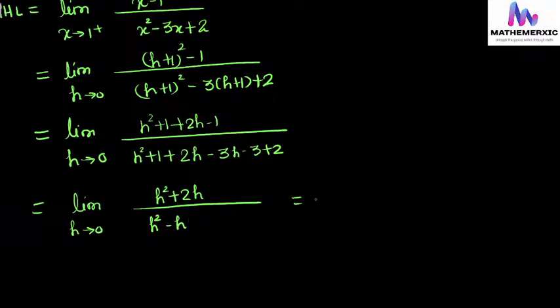and this will lead to obviously limit h tends to 0. H can be cancelled out because h is tending to 0. It's a very small quantity which tends to 0, right? It is a value. So we can say here h plus 2, h minus 1.